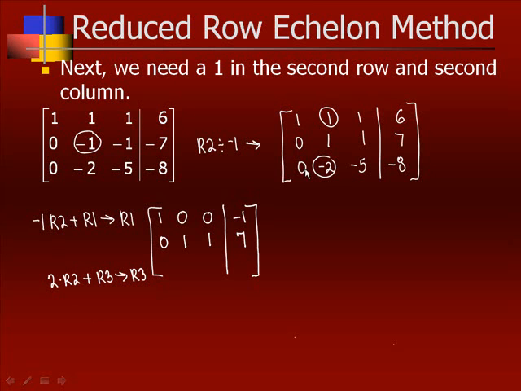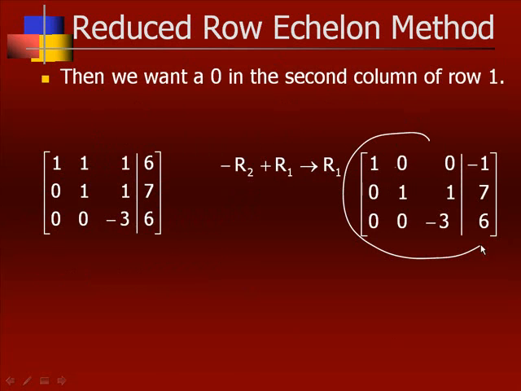So 2 times 0 is 0. 0 plus 0 is 0. 2 times 1 is 2. 2 plus negative 2 is 0. That's what we wanted. 2 times 1 is 2. 2 plus a negative 5 is negative 3. All the way across, 2 times 7 is 14. 14 plus a negative 8 is 6. So now we've got column 1 done. We've got column 2 done.